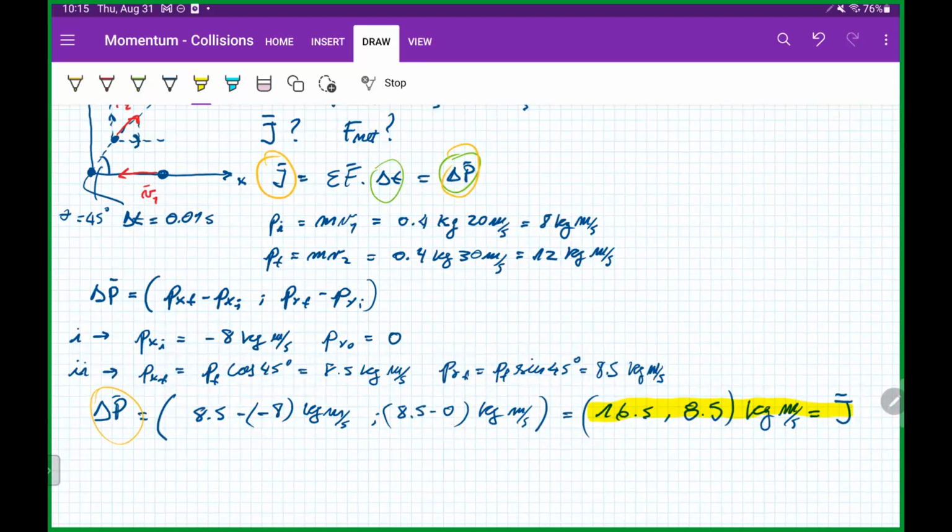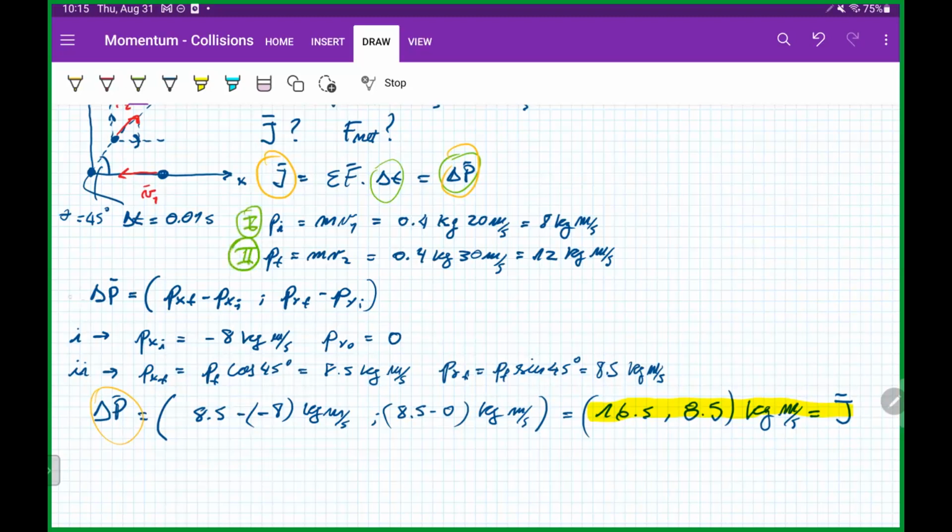Any questions about that? Is it clear? So we calculated the momentum for each of the stages. First of all, we established the stages that we're looking at, right? We have this first stage and the second stage, initial and final.